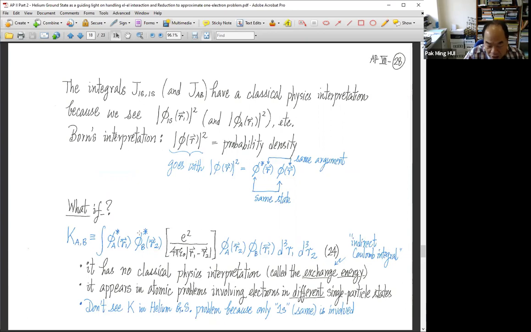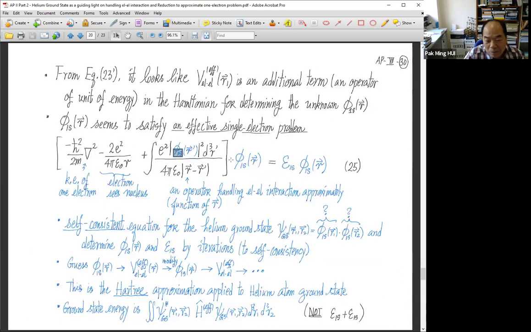This is the energy. Part of this integral, I have two integrals, part of the integral will give you an extra term in this Hamiltonian. That is the exchange term. Therefore, you will have a more complicated set of equations. Nonetheless, the concept remains the same. We will need to do self-consistent calculations.